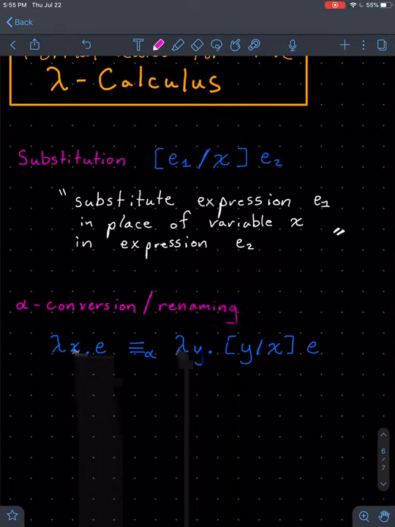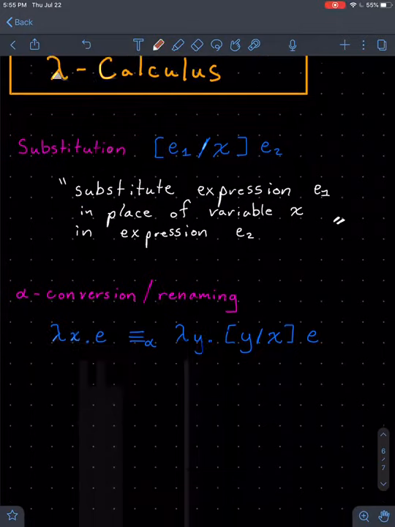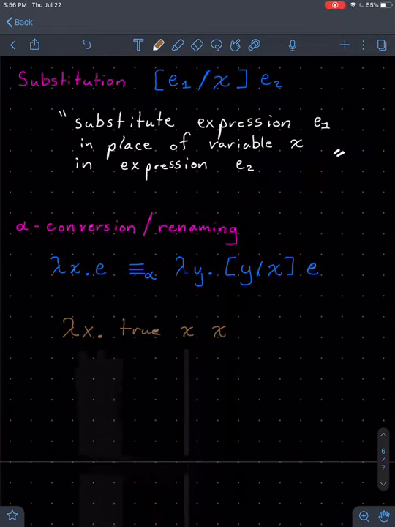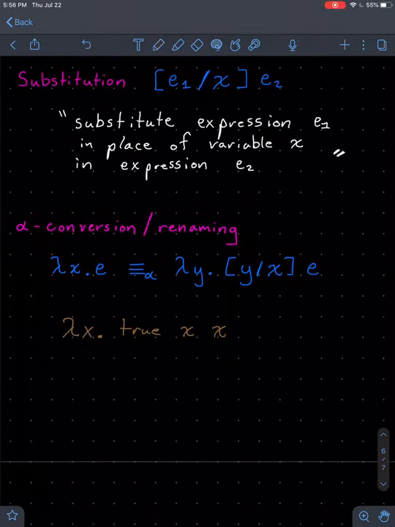Why do we call this renaming? Because if I had something like lambda x dot, let's say true x, just some nonsense program, and I applied this rule, it allows me to rename, say, under y. The variable names don't matter here, of course.